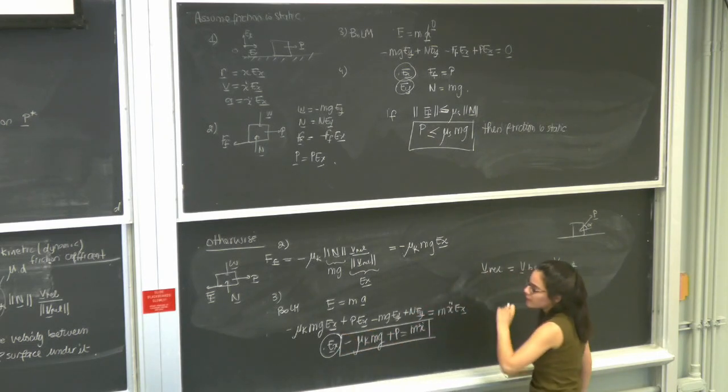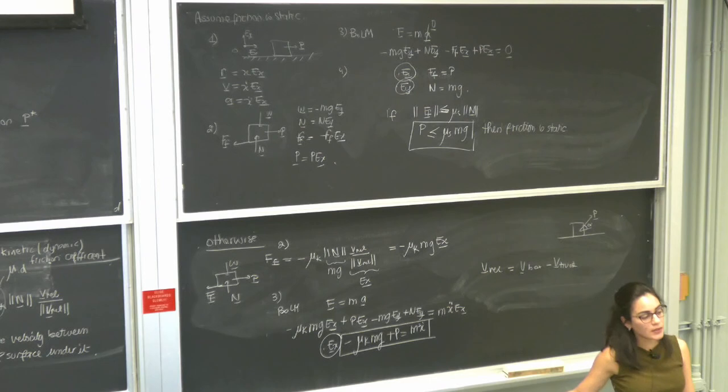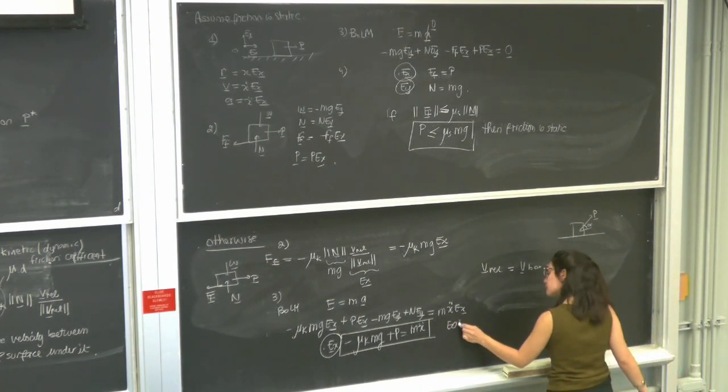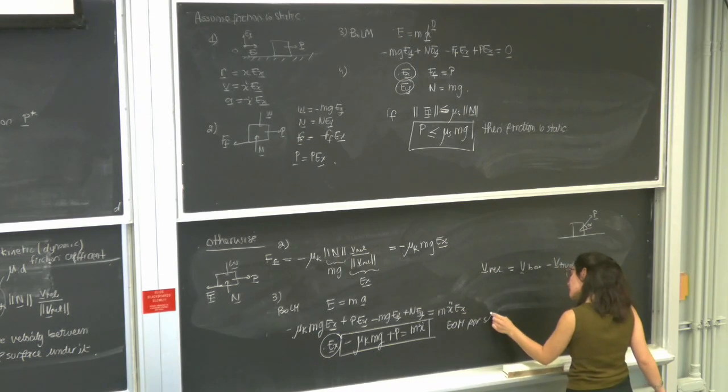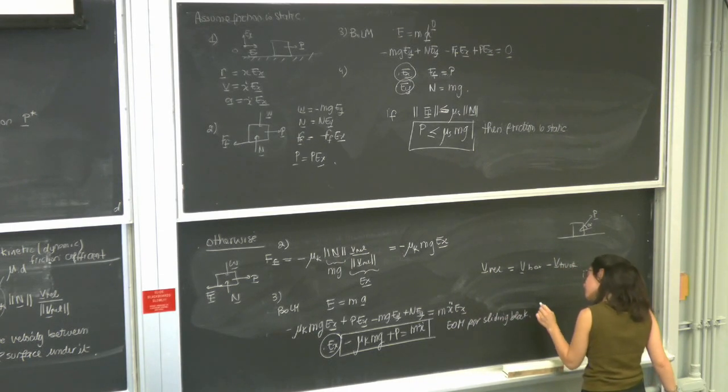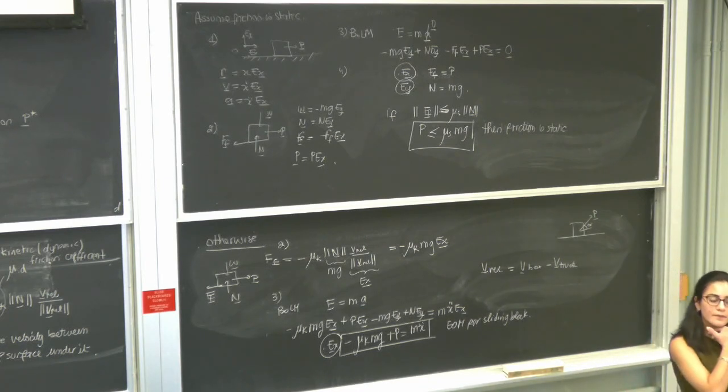And that's a differential equation of motion for the block. So once I know P as a function of time, I can solve for x as a function of time. So that's the EOM for this sliding block. Any questions?